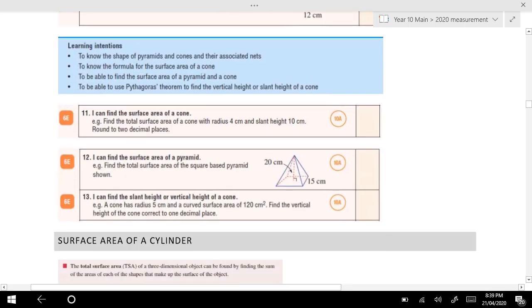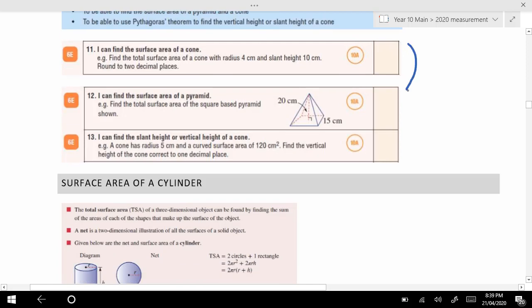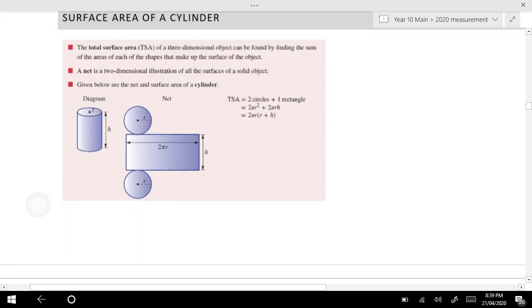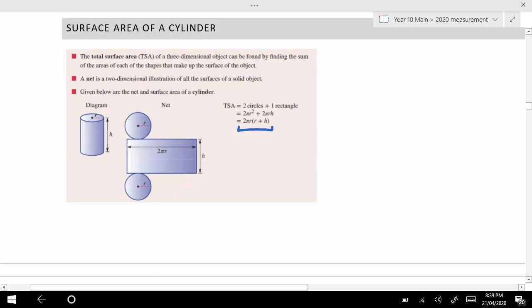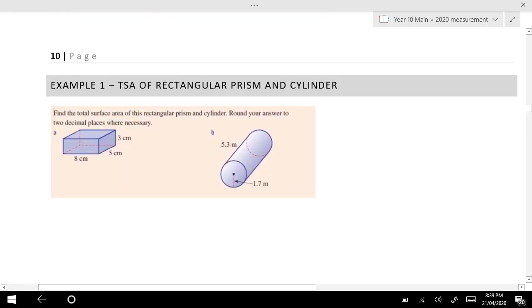The other stuff, surface areas of cones and pyramids, we're going to go through in another video, but I'm just going through this today. In your notes, you can refer back to the formula, but just think about it as 2 circles, and the 2 pi r h is going to be the curved surface. Hopefully you can recall that formula instead of having to look back on it all the time.